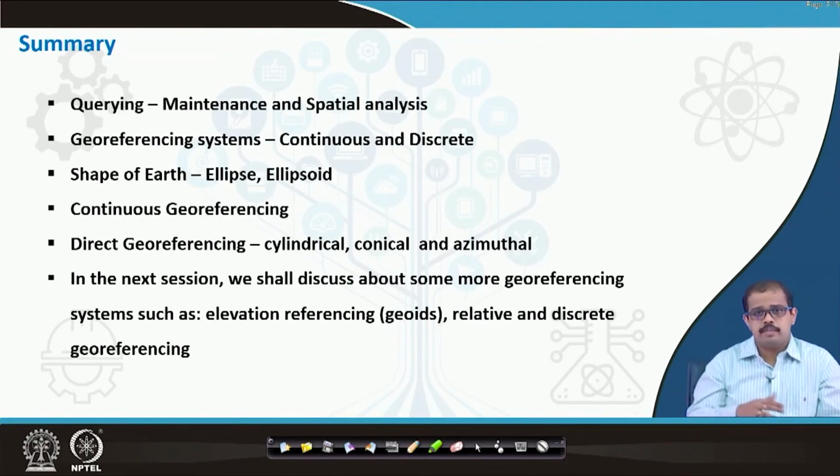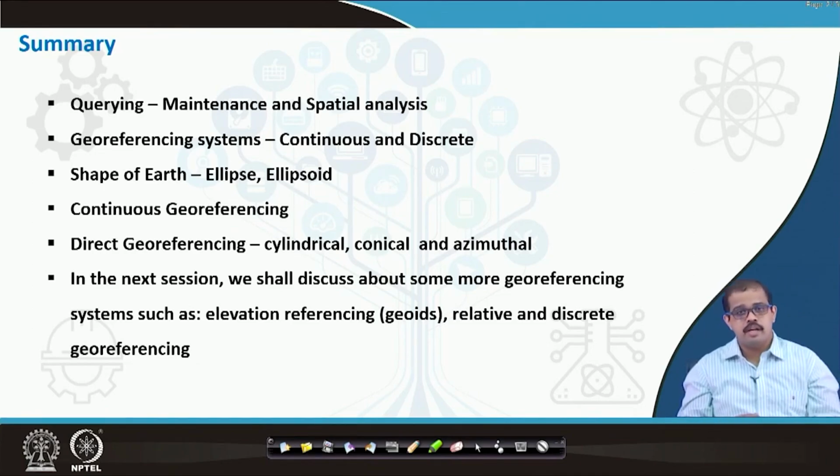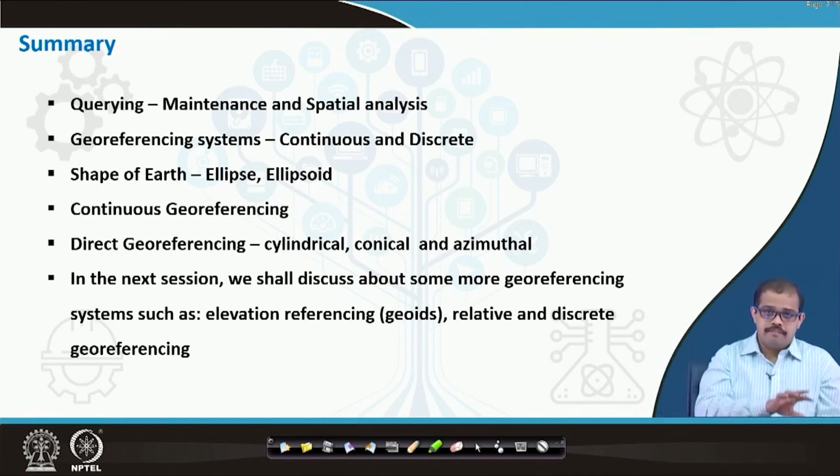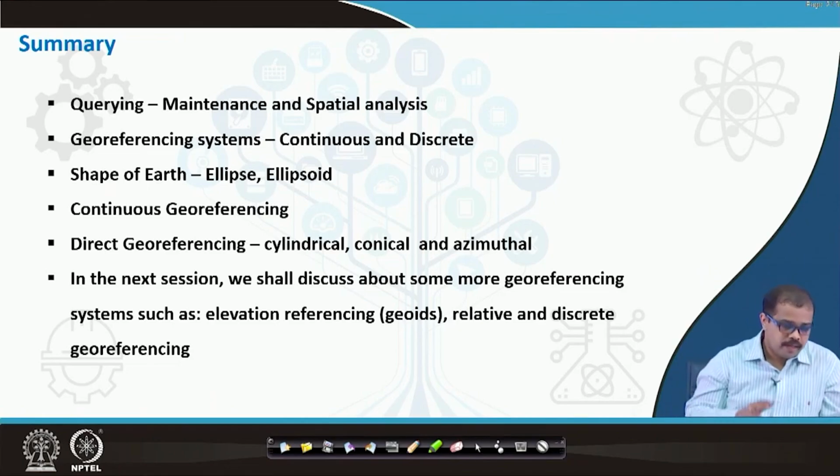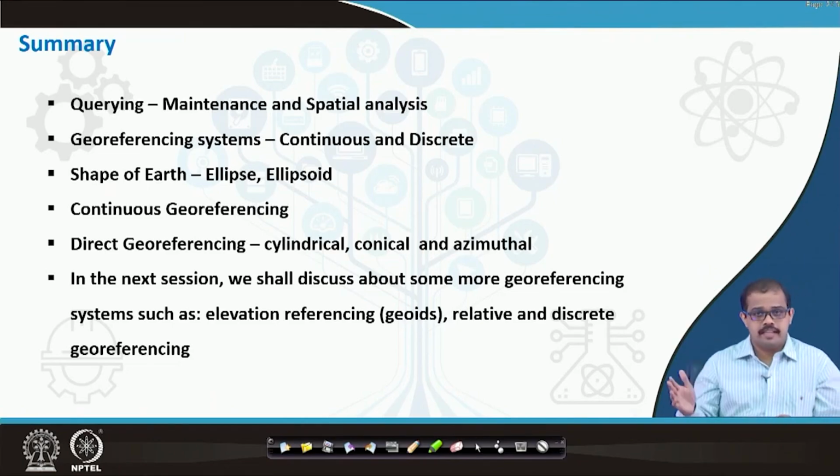To summarize this particular lecture, we looked at querying. As I said, querying is about maintenance and spatial analysis. You can do a huge amount of spatial analysis, just like your English language, but the querying defines in its own way how the data is to be analyzed. Then you have the georeferencing system. There are two types: one is continuous, one is discrete. Continuous, you have a continuous value where the data is referenced.